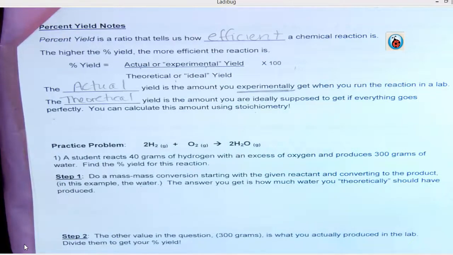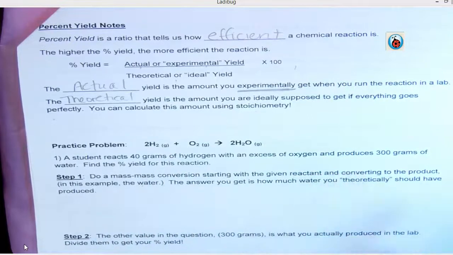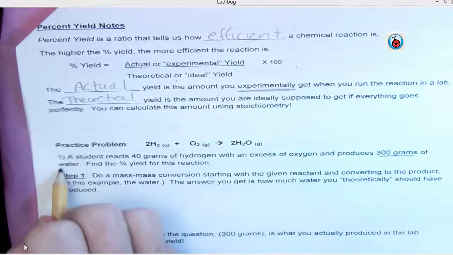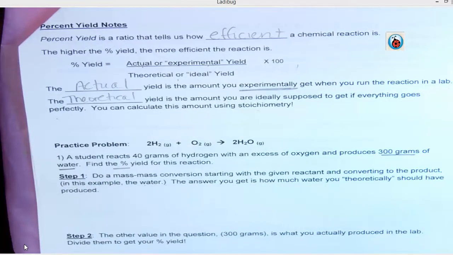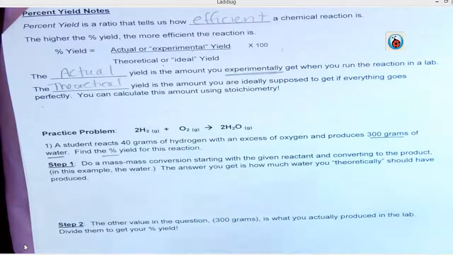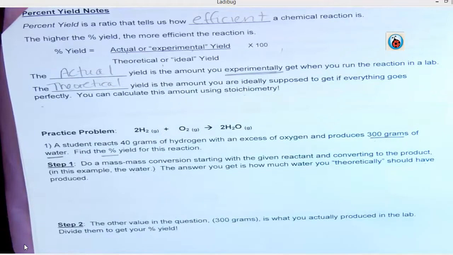I made it easy for you by giving you all mass problems, all right? So here, a student reacts 40 grams of hydrogen with an excess of oxygen and produces 300 grams of water. What's the percent yield?